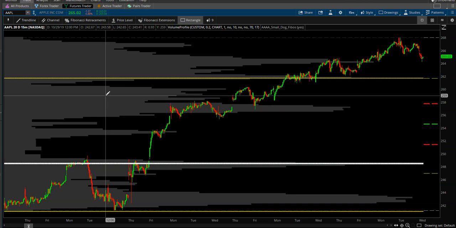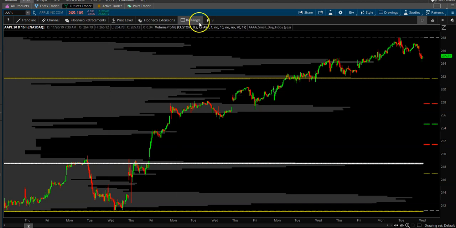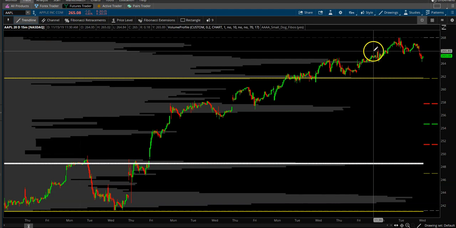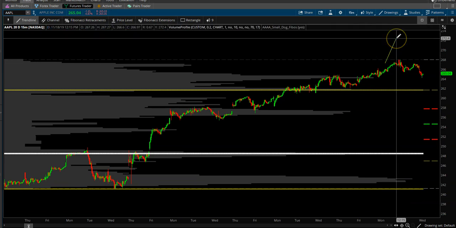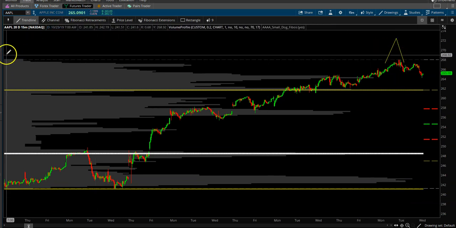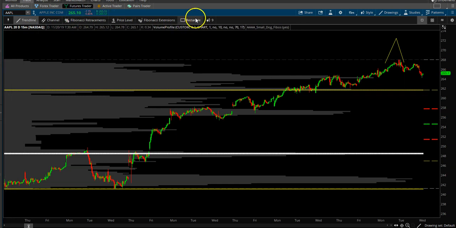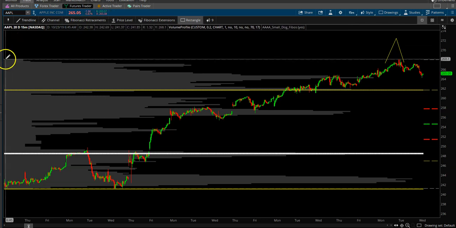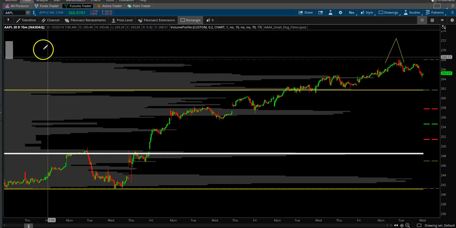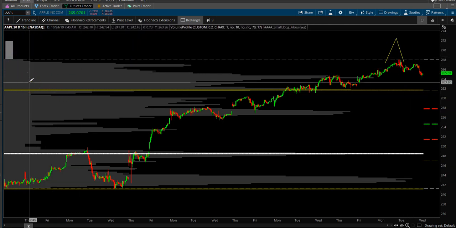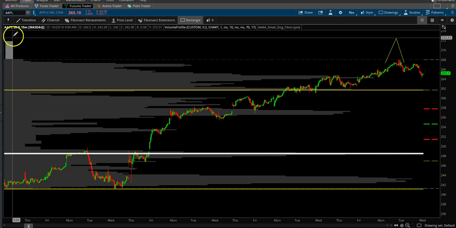Usually excess represents spikes up where price will run up really quickly and then come right back down, and you would see very little volume there. That creates the excess, and usually that will signal potentially the end to an auction. Not always, but that's the basics of market profile.